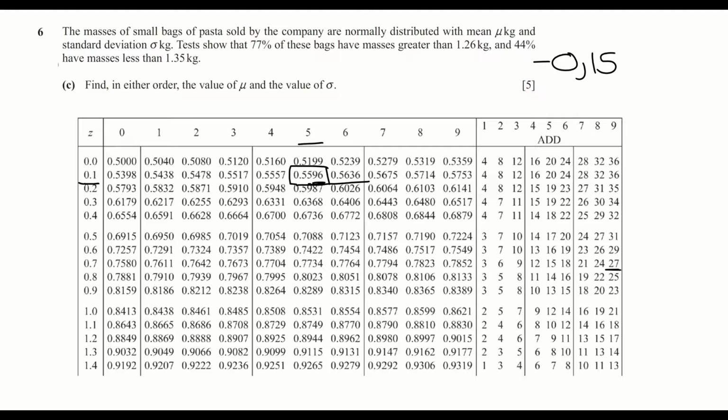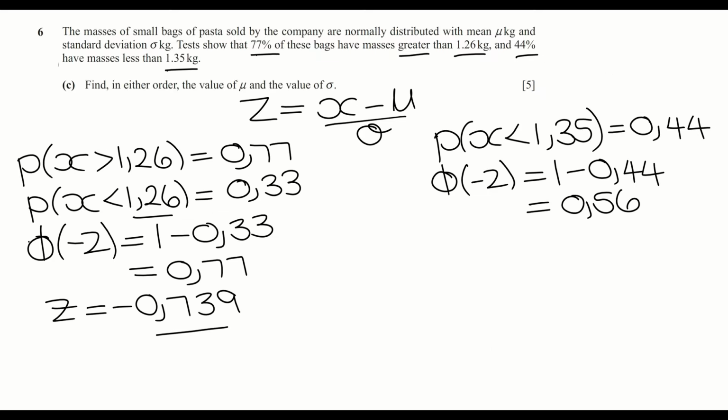And I can see that if I add 4, I need to add 1 to my z score. So now I have a z score equal to negative 0,151.